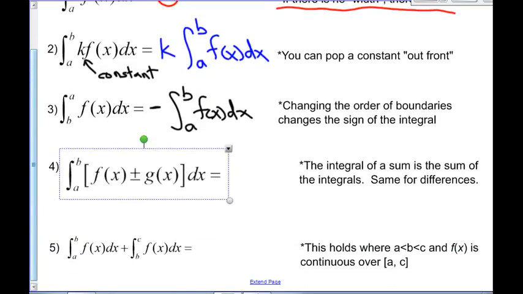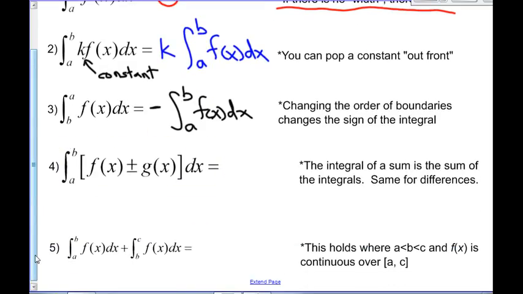The next one: if we have the integral of some function plus or minus another function, that is the same as the integral of one function plus or minus the integral of the other.